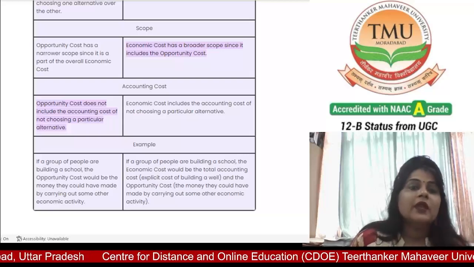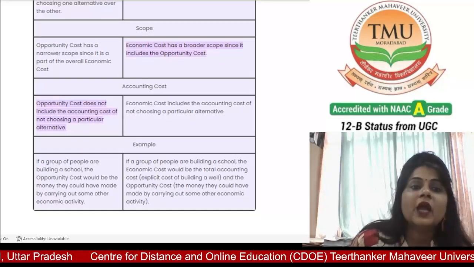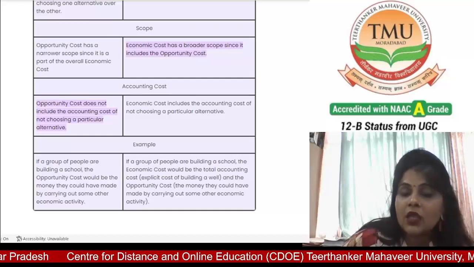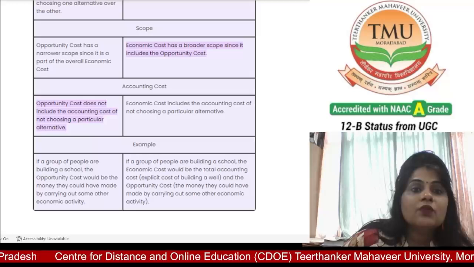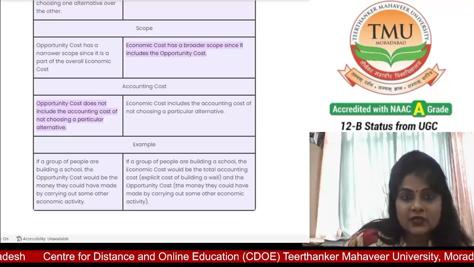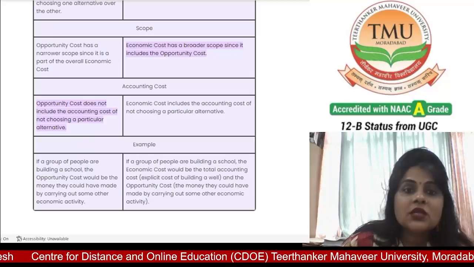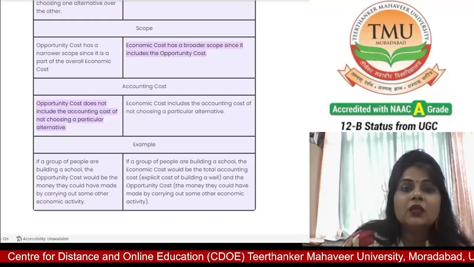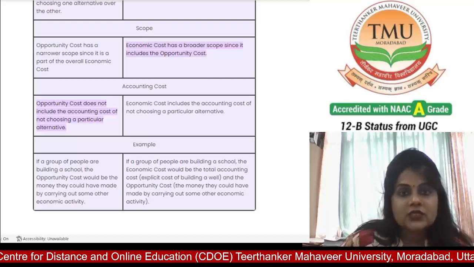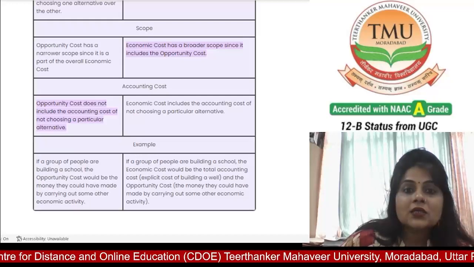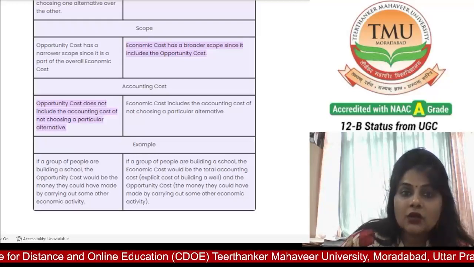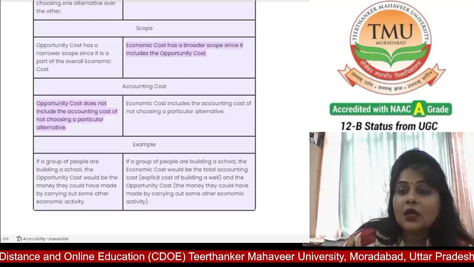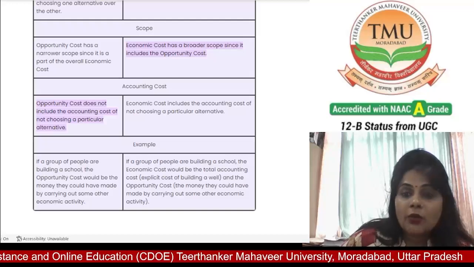An example: if a group of people are building a school, the opportunity cost would be the money they could have made by carrying out some other economic activities. For economic cost, if a group of people are building a school, the economic cost would be the total accounting cost, the explicit cost, plus the opportunity cost, the money they could have made by carrying out some other economic activity.